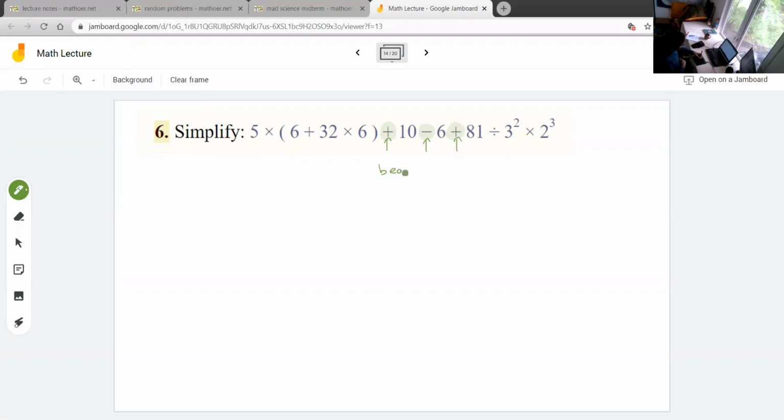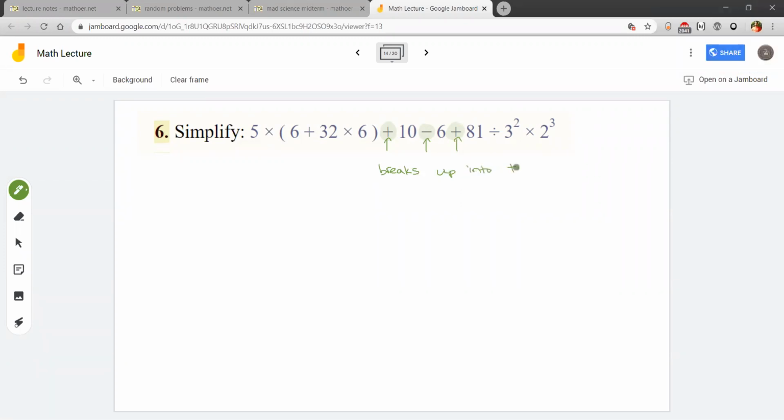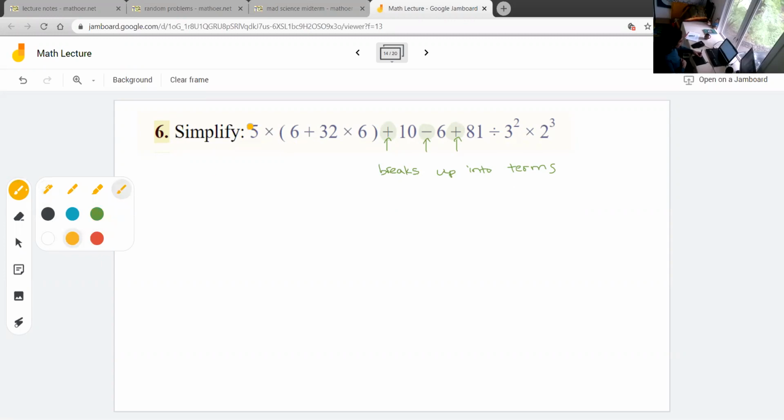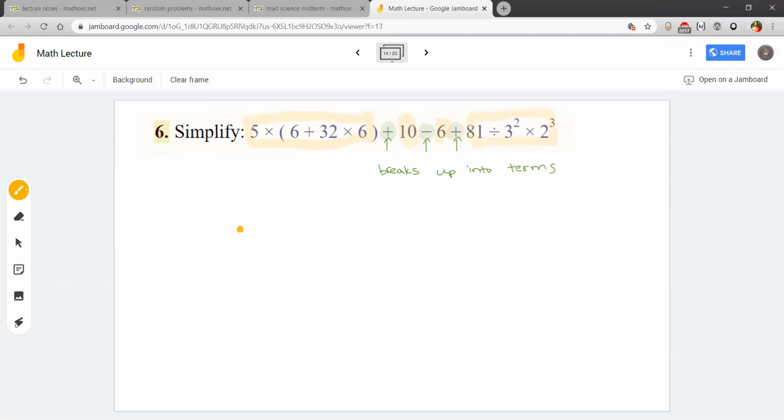That's where it breaks up into terms. Breaks, not beaks. And so, yeah, you do everything else with the exception of the adding and subtracting until the end, right? That's what you're trying to get down to? It's trying to say that these parts here are separate parts. They don't depend on each other. Okay.